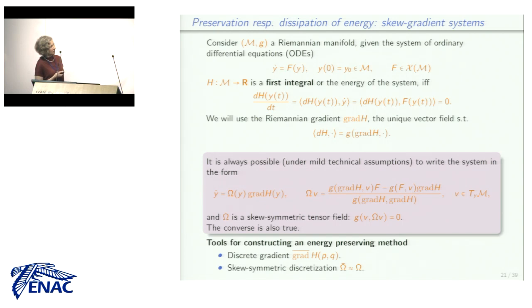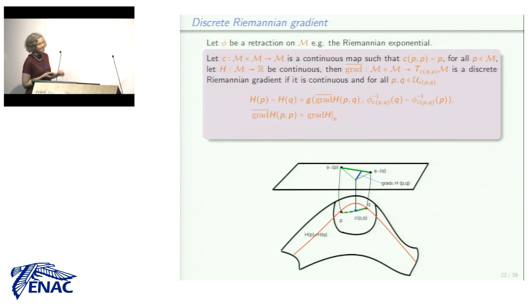You have to discretize the gradient and the skew-symmetric tensor field separately. You discretize the skew-symmetric tensor field so that it remains skew-symmetric, and you discretize the gradient so that it becomes a discrete gradient. Now I want to tell you what a discrete gradient is. Here is the definition of a discrete Riemannian gradient.